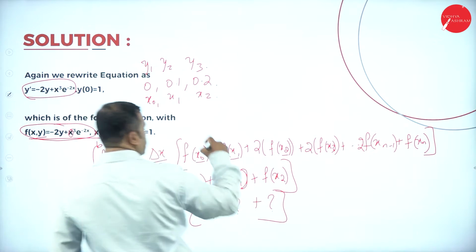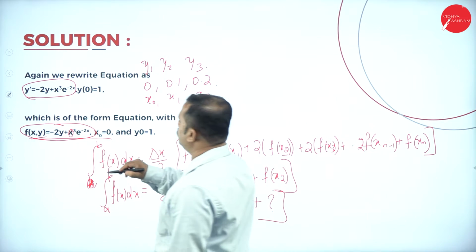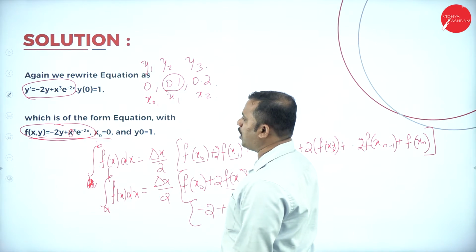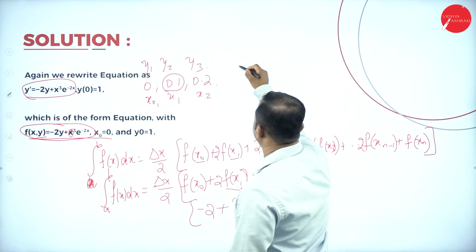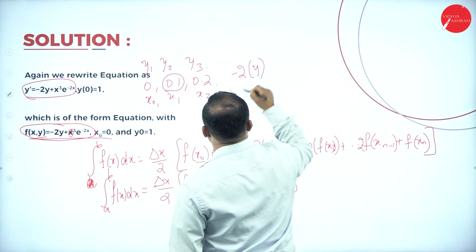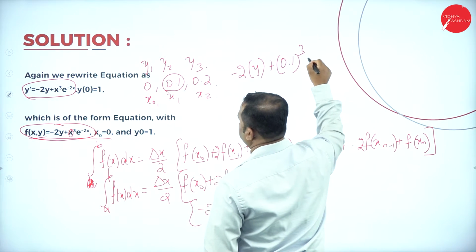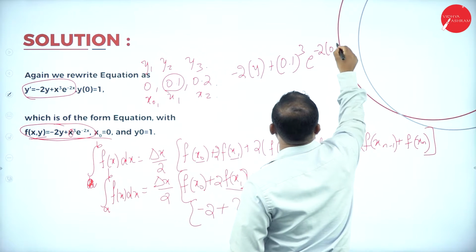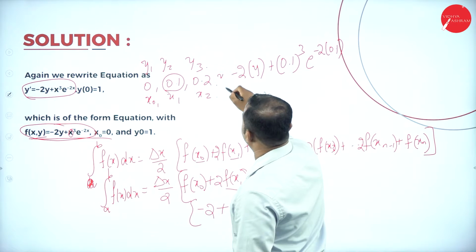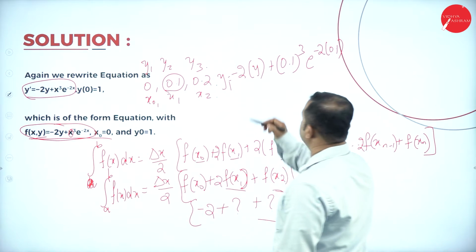So we have to find out what is f of x1. F of x1 is equal to this. What is the value of this? When the value of x equal to 0.1, that is 0.1 whole cube, minus 2 times y plus 0.1 whole cube into e to the power of minus 2 into 0.1. This gives me the value of y1. We have the value like this.